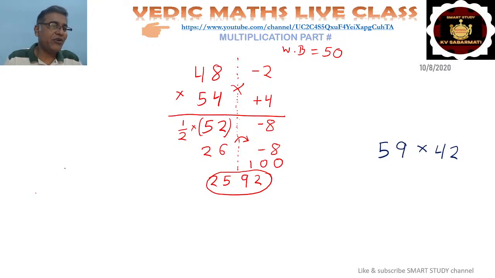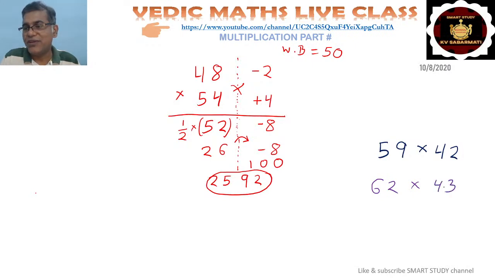You can take 60 also, 61 also you can take. Let us say, take another example, 62 into 43. Okay, do it. Let us see who can do it fast. 62 into 43. What is the answer?